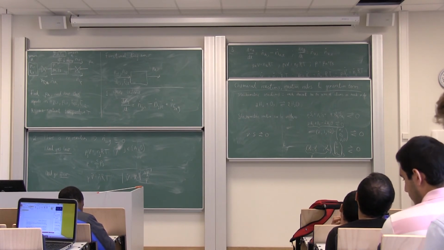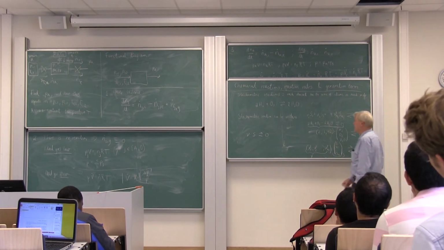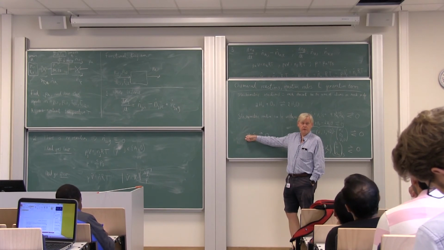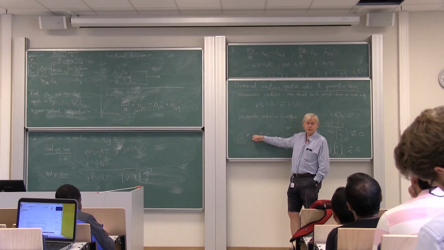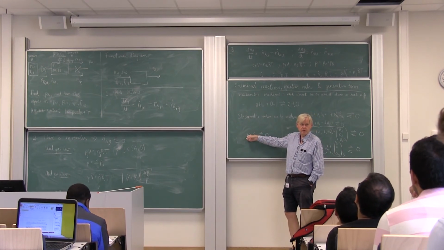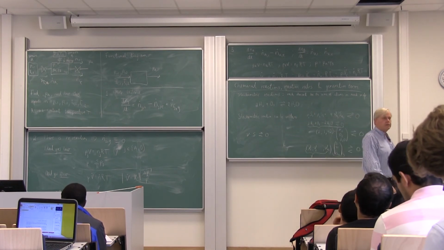There is no mystery here. The only thing you need to remember is that this is a row vector of coefficients, and this is a column vector of species, and we use standard matrix multiplication from linear algebra. Okay?